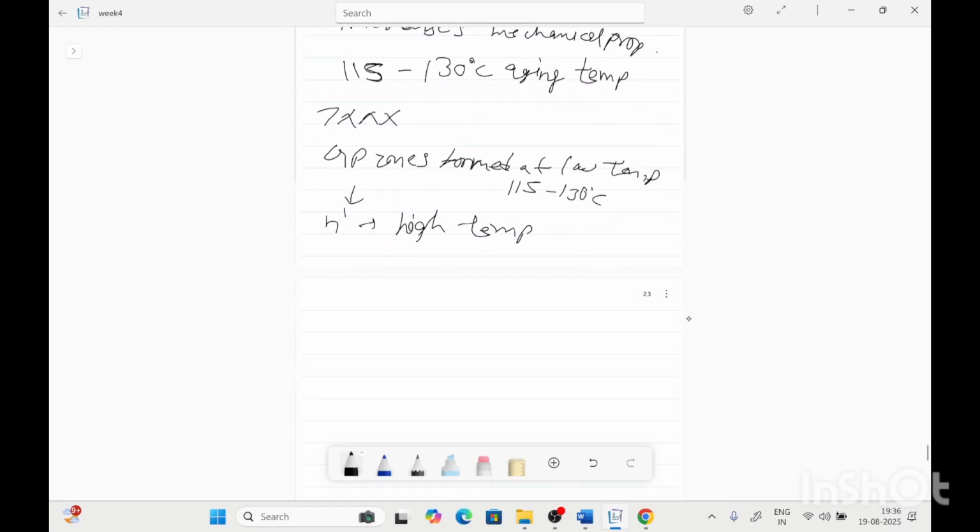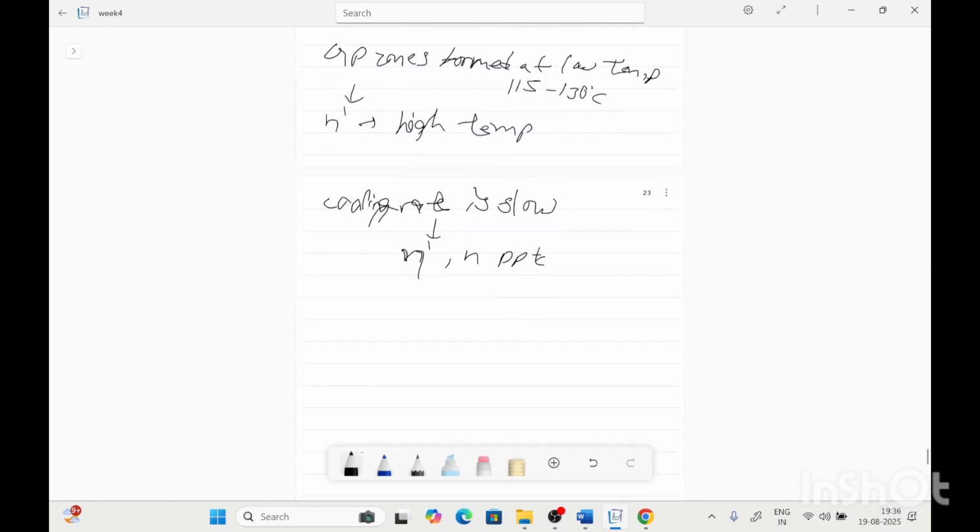And also the cooling rate determines the formation of these precipitates. If the cooling rate is low, this low cooling rate will directly form the meta prime and eta precipitates, so the morphology of these precipitates due to the slow cooling rate is not beneficial to improve the mechanical properties.